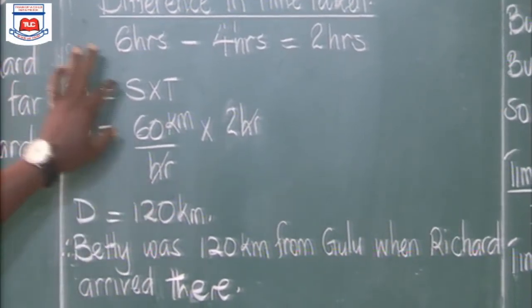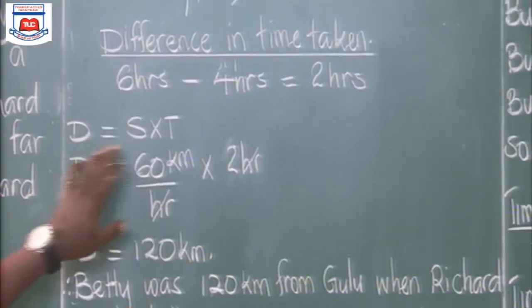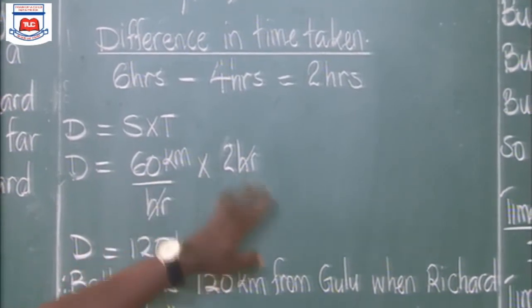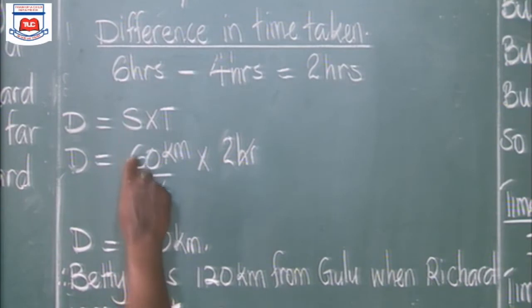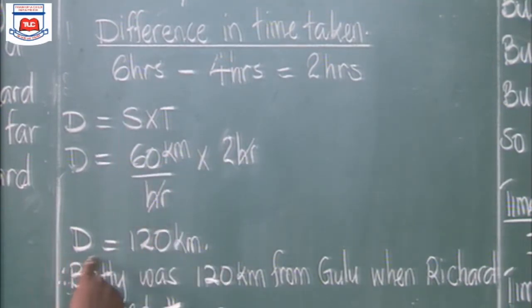So we say distance equals speed times time. Distance is equal to 60 kilometers per hour times 2 hours. Then cancel the hour. So 60 kilometers times 2, you will get a distance of 120 kilometers.